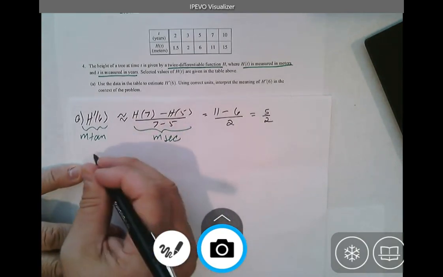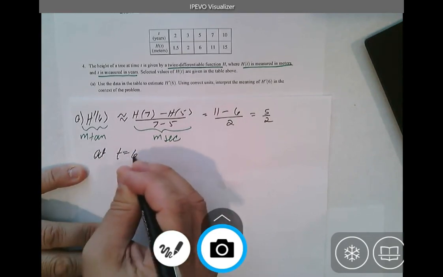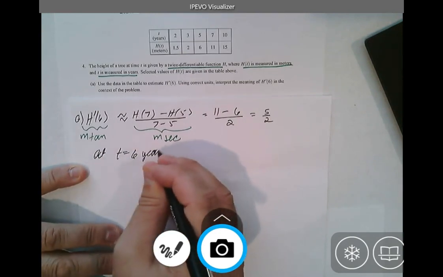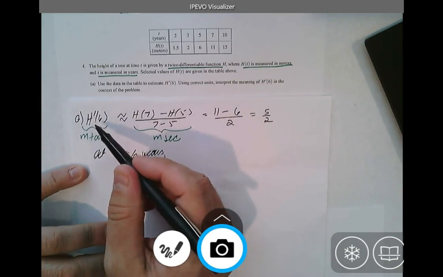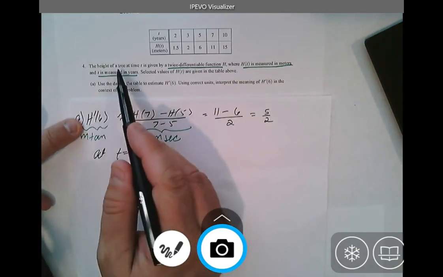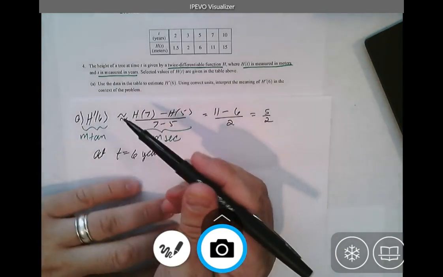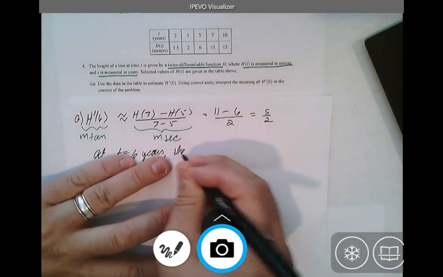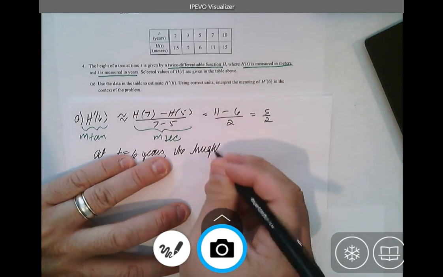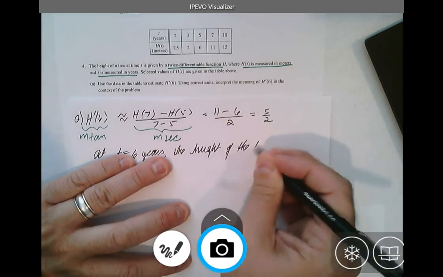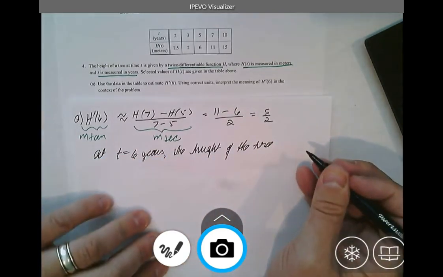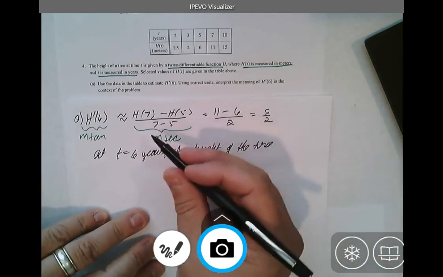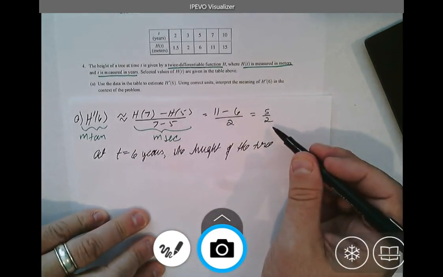What does it mean? At t equals 6 years, well, what does h measure? H is the height of the tree. So h prime is, at t equals 6 years, the height of the tree. Be specific. What's the height of the tree doing? The derivative is 5 over 2, which is positive.